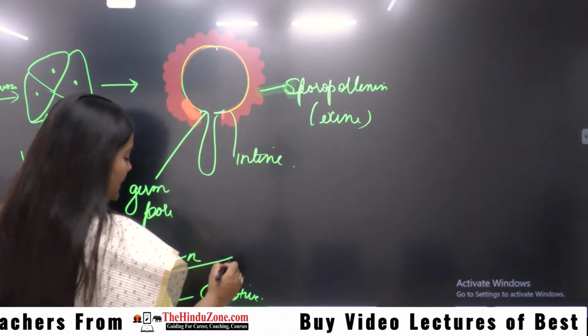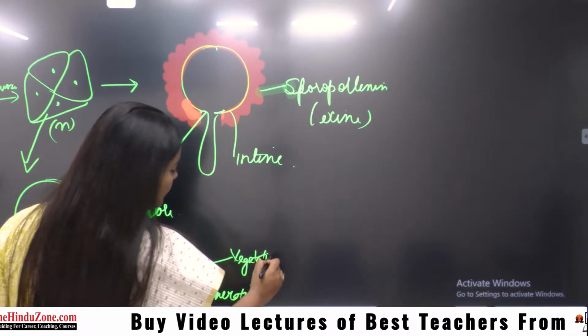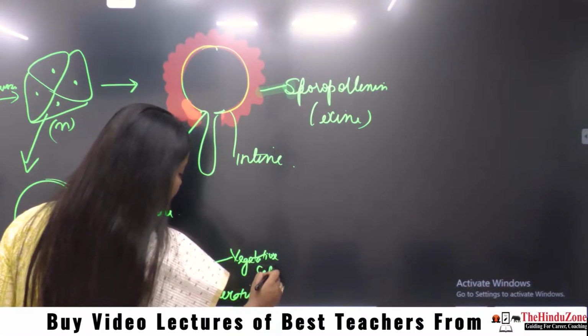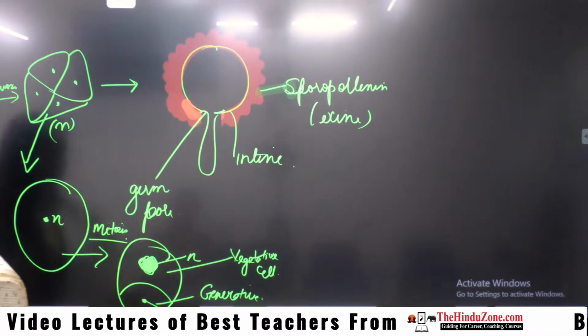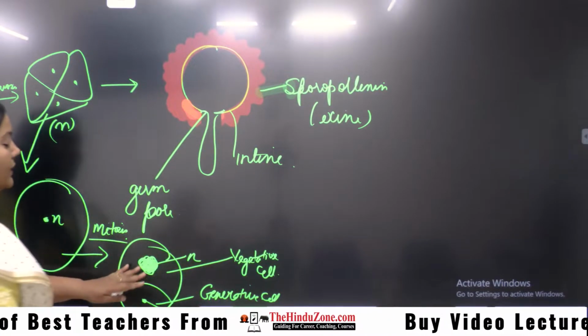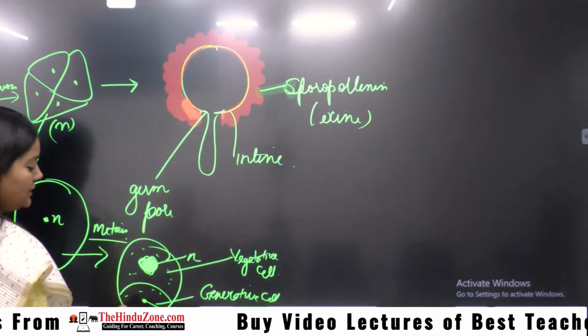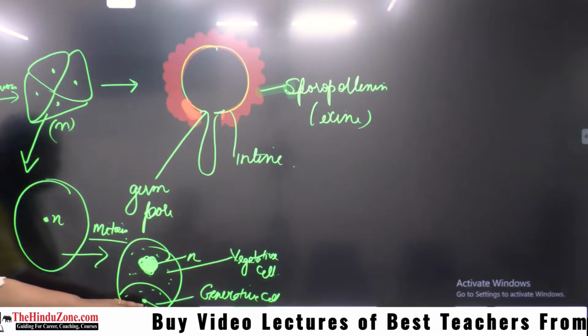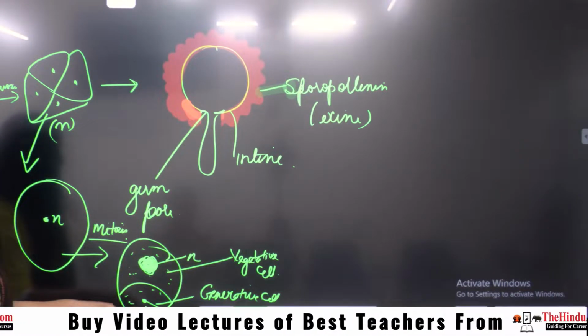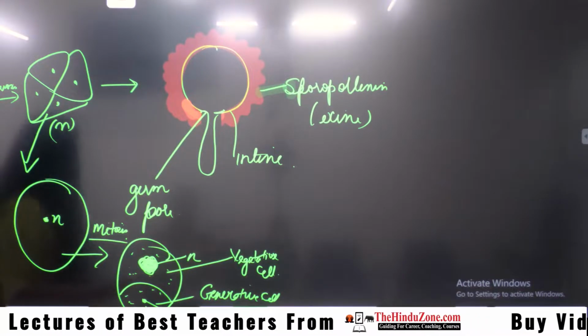This cell is called the vegetative cell. These two are joined. The generative cell is floating in the cytoplasm of this vegetative cell. However, this generative cell's own cytoplasm is thicker and denser. Okay? Is it clear till here?